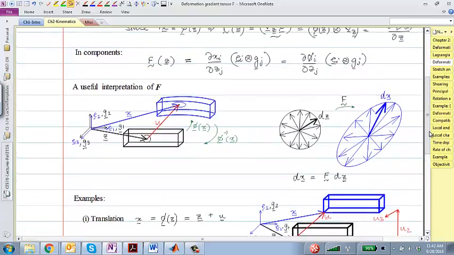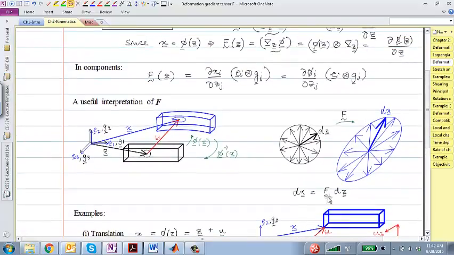So what we are saying really is that this F tensor takes arbitrary unit vectors from the undeformed configuration to the deformed configuration. All I did was write it as dx, the deformed tangent vectors, is equal to the F tensor acting on the undeformed tangent vectors.